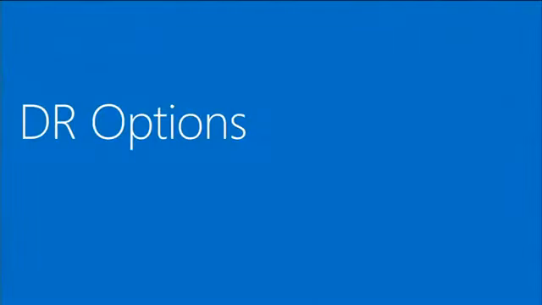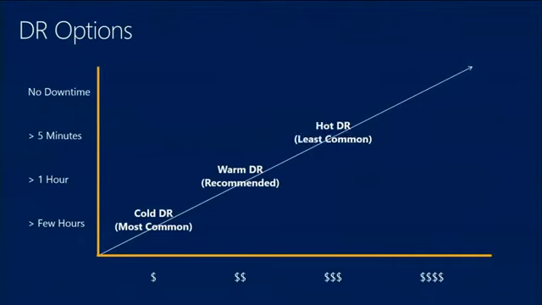Okay, so after that introduction, let's go to DR options. What are our DR options? We have several of them: cold disaster recovery, warm, hot, and high availability. Everybody knows this, right? And the more I want, the more I pay.